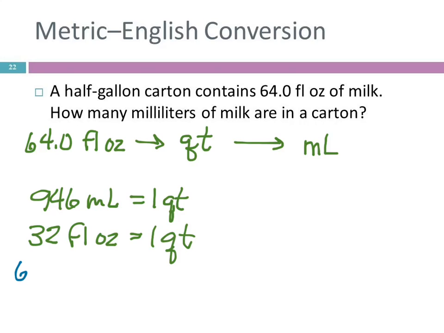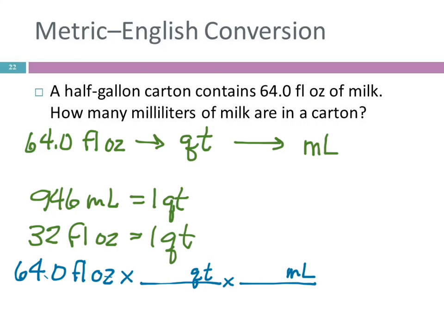So 64 fluid ounces. I have 2 conversion factors. I have 2 arrows. I'm going to have 2 unit factors. It's been a long week. Fluid ounces to quarts to milliliters.